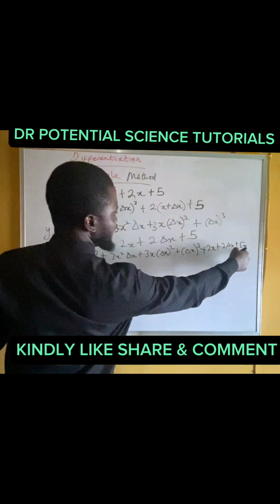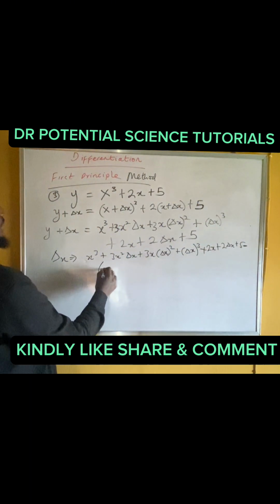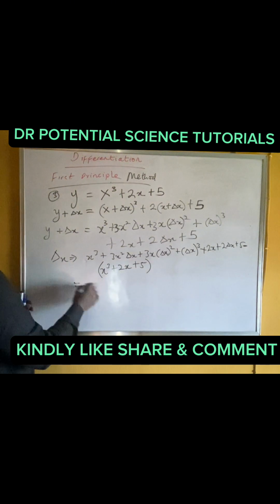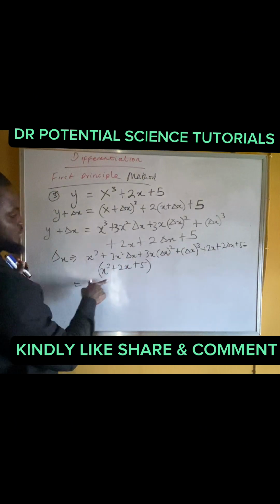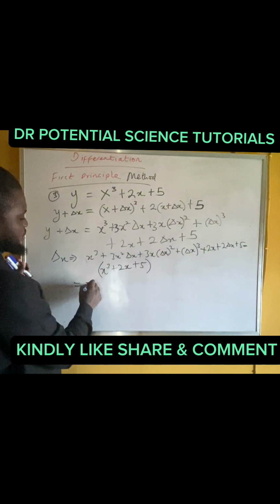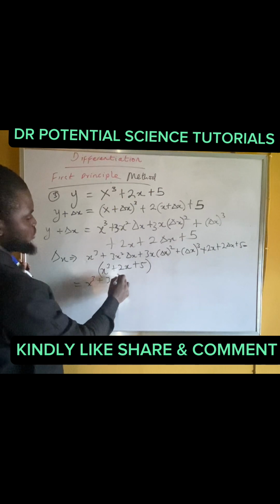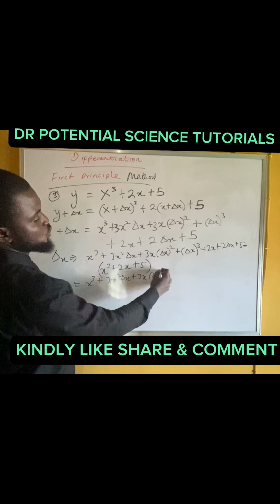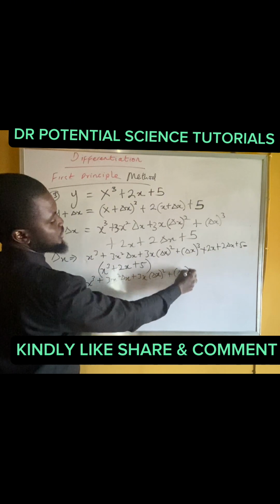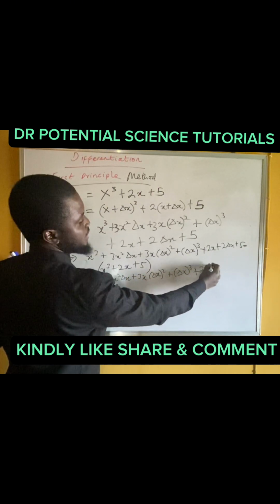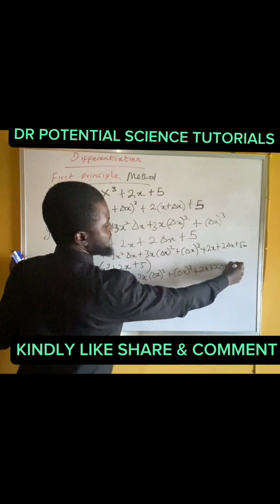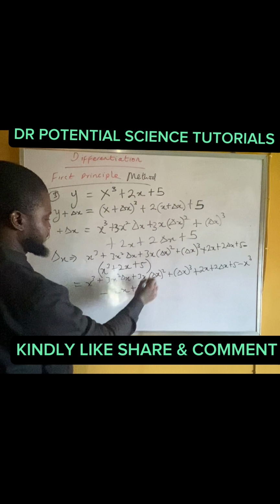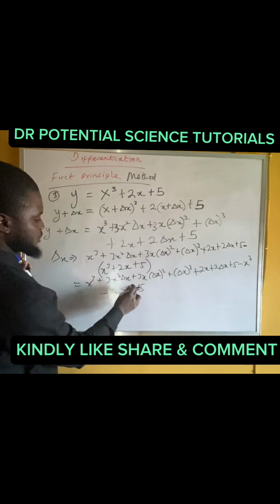And what's our y originally? x cubed plus 2x plus 5. So we multiply all this through: x cubed plus 3x squared delta x plus 3x delta x squared plus delta x cubed plus 2x plus 2 delta x plus 5 minus x cubed minus 2x minus 5. Sorry, minus sign times plus is also minus.